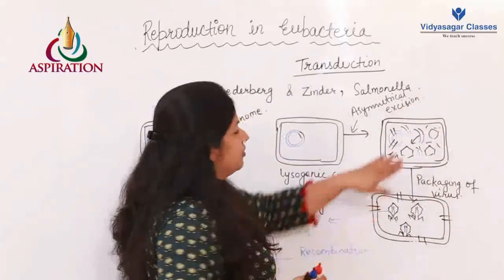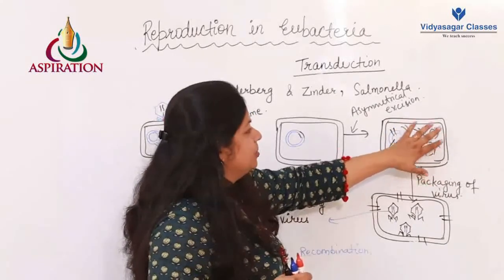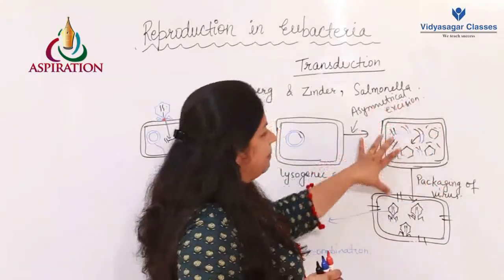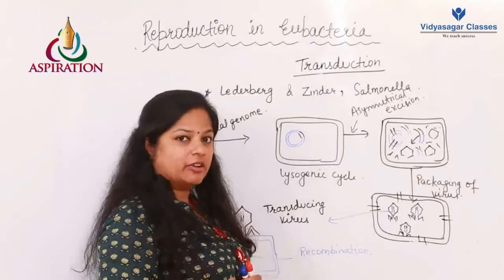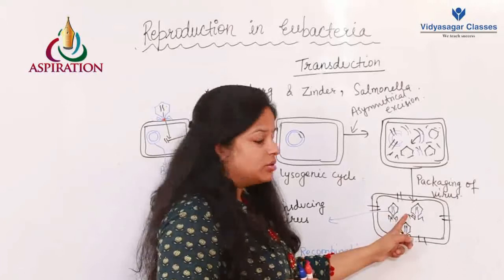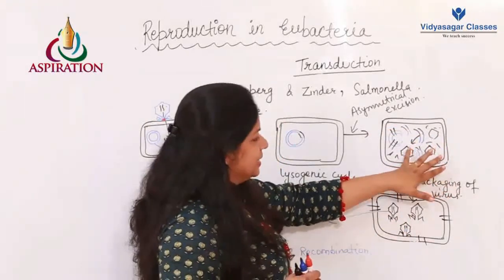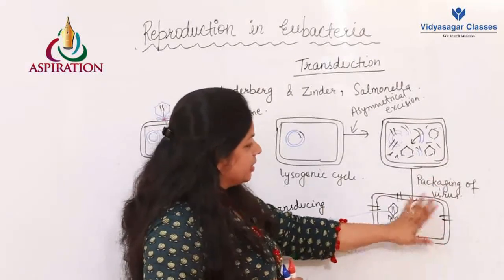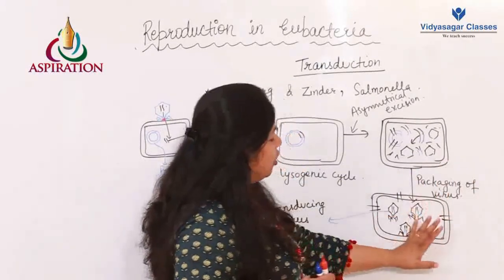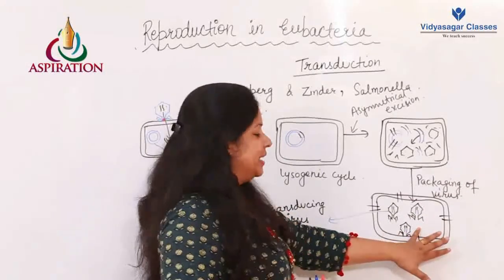A part of the viral genome with the bacterial genome takes control of the complete enzymatic machinery of the bacteria and starts synthesizing its own components. After the components are synthesized, they get packaged to form the new virus inside the bacteria.